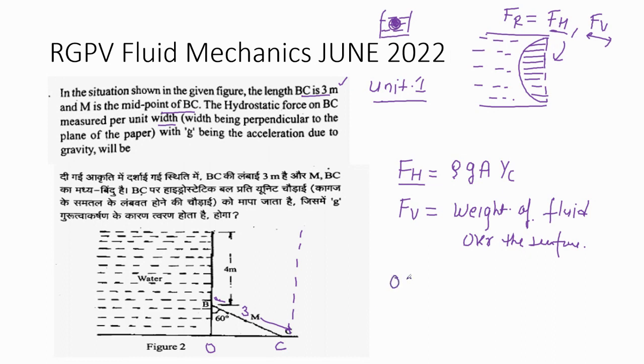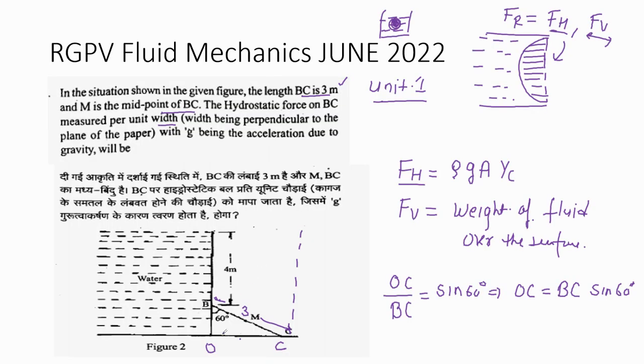तो OC हमारा कितना हो जाएगा, ये हो जाएगा परपेंडिकुलर, ये बेस और ये हाइपोटेनस, तो OC upon BC is equal to sin 60. Okay, so we get OC is equal to BC sin 60. Okay, now how we calculate this BO? BO upon BC, so this is perpendicular, this is base and this is hypotenuse.